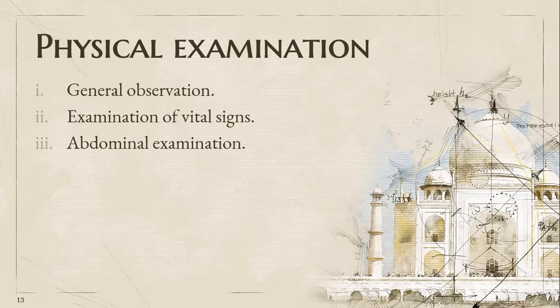Next, breast examination. Breasts may become heavy due to lactation. The child should be put to breast as early as possible. Heaviness of breast can be reduced by early breastfeeding. Nipples also need keen examination.